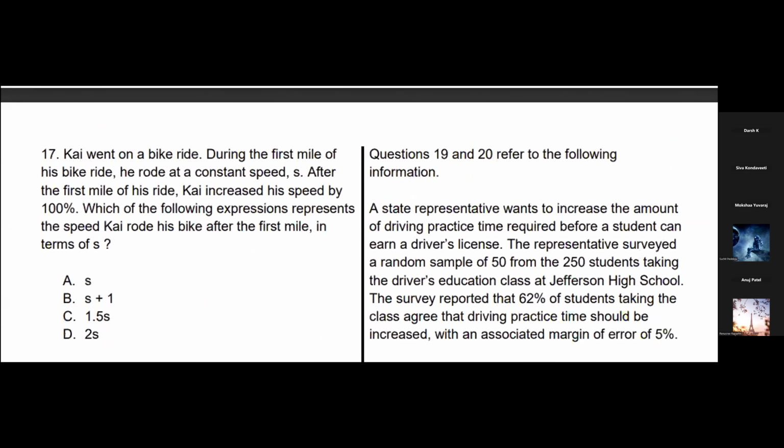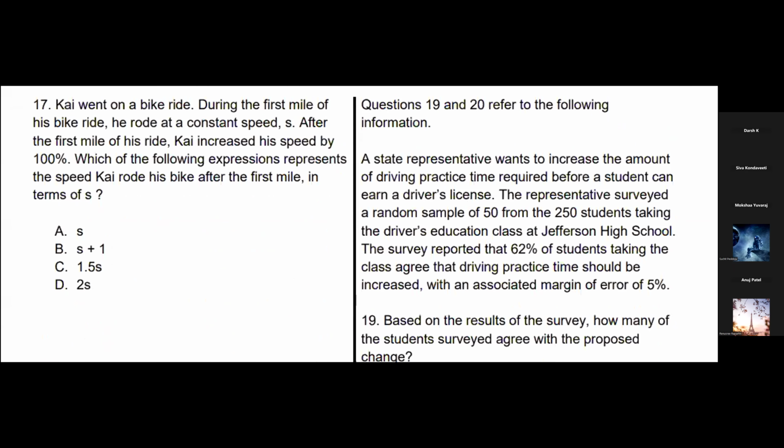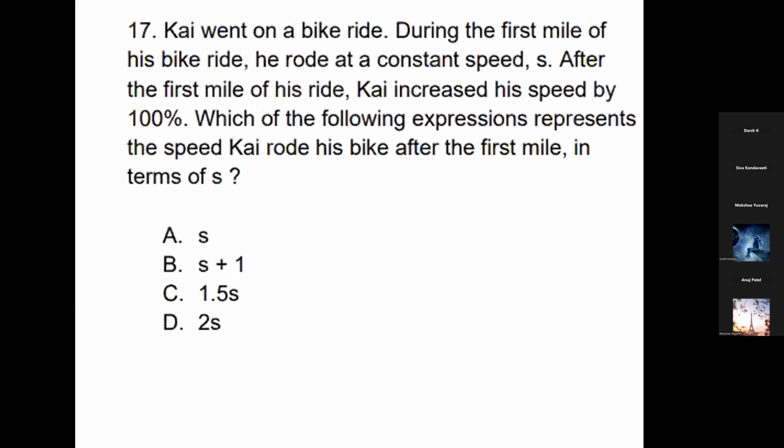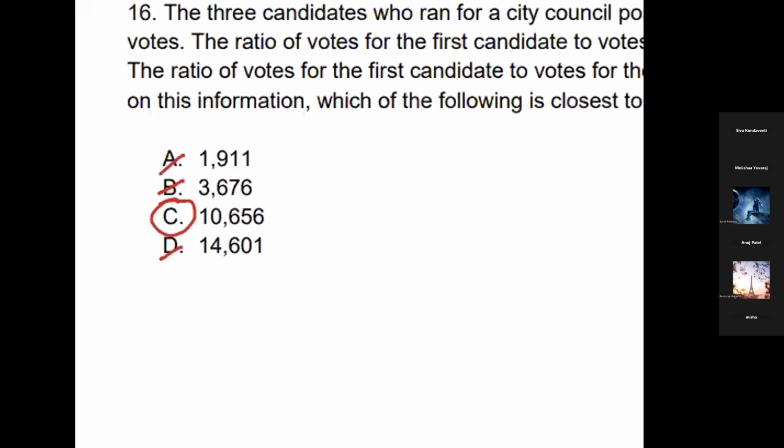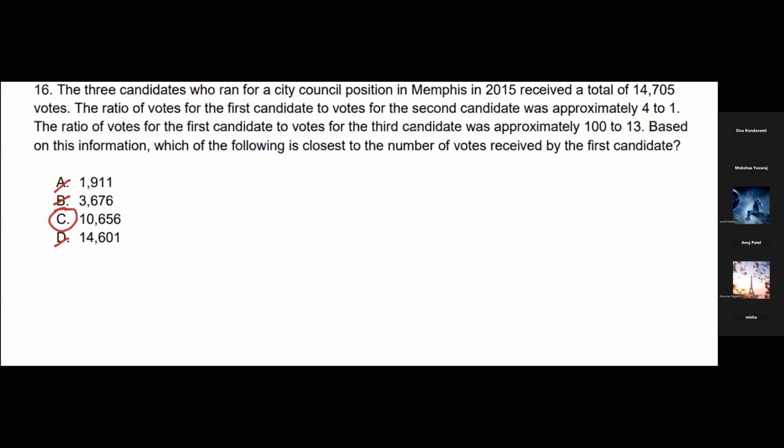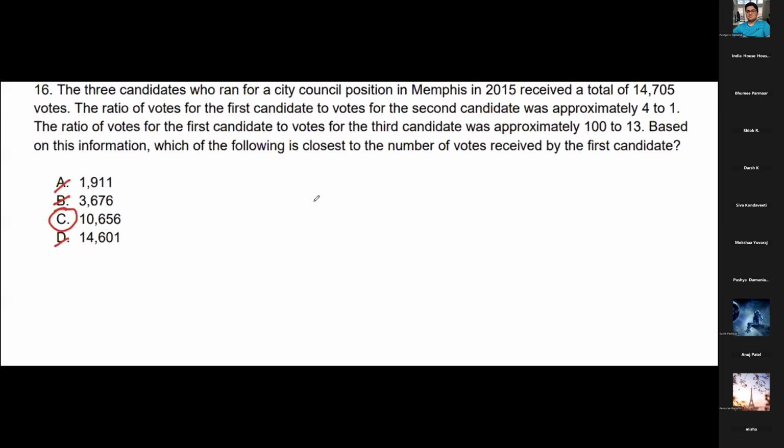Okay, question 17. Someone said, please explain how it's not B. Well, so for this one, okay, so the reason why this is not B is because we know that the first candidate received 4 times the amount of votes as the second candidate.